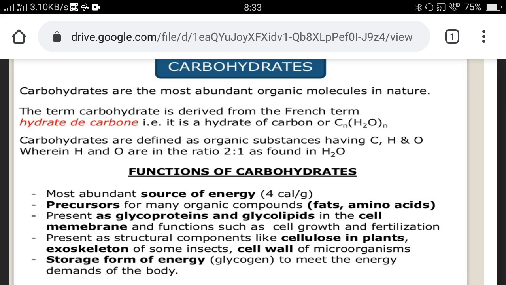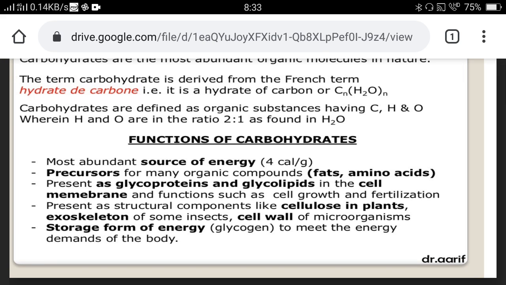Functions of carbohydrate. Most abundant source of energy, that is 4 calories per gram. Precursor of many organic compounds. Precursors means starting material, like fats, amino acids. Present as glycoproteins and glycolipids in the cell membrane and functions such as cell growth and fertilization.